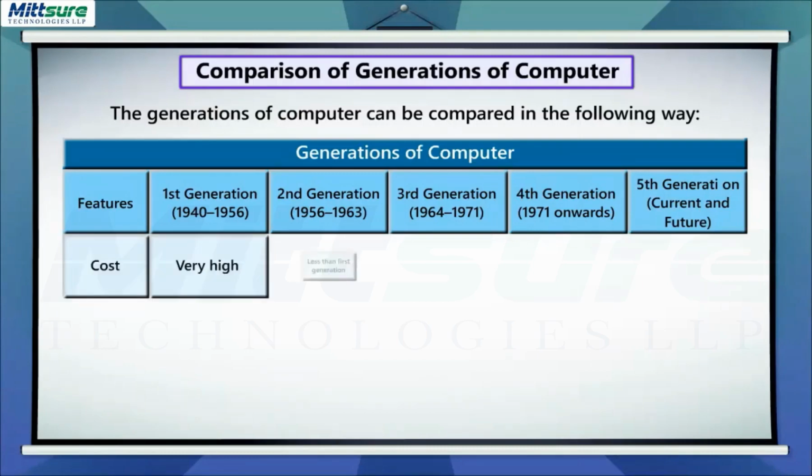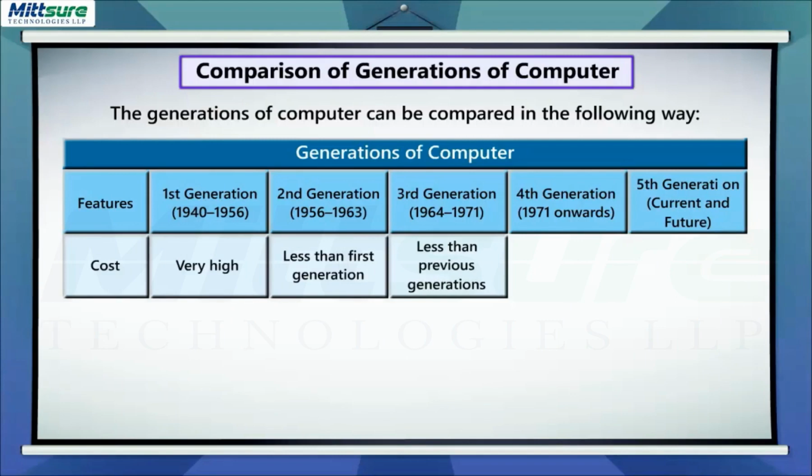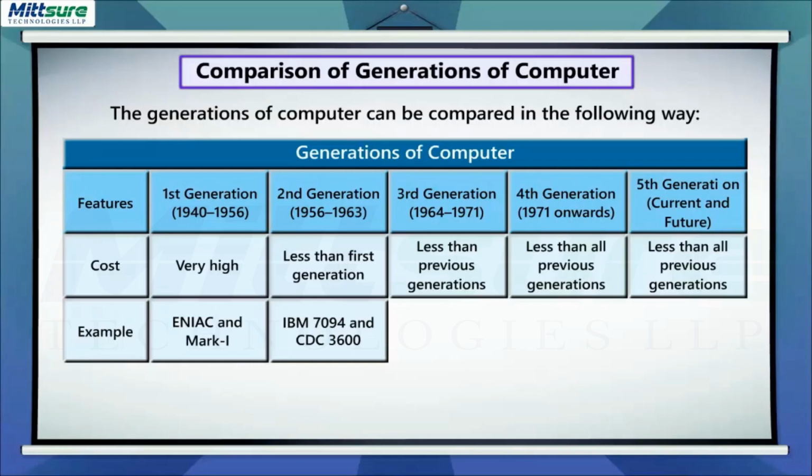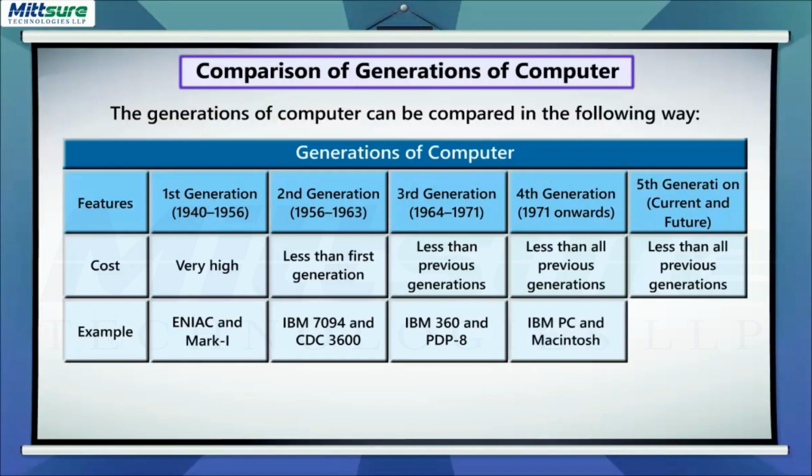Cost: very high, less than first generation, less than previous generations, less than all previous generations. Example: ENIAC and Mark I, IBM 7094 and CDC 3600, IBM 360 and PDP-8, IBM PC and Macintosh, AI-based robots.